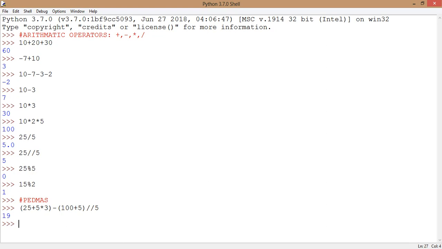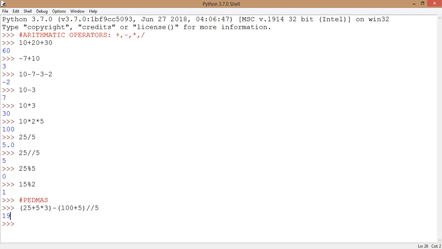So in this case, how did Python calculate this? Python followed the PEDMAS rule. PEDMAS stands for parenthesis, as you all know. So Python first calculated whatever is inside the bracket, and then comes the exponential, which is not there. Then comes the division part. Division is outside the parenthesis, so it will be calculated later on.